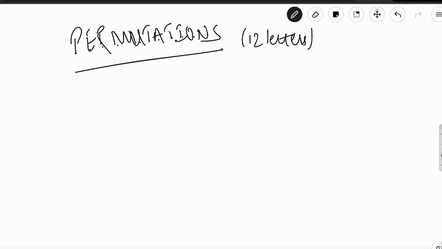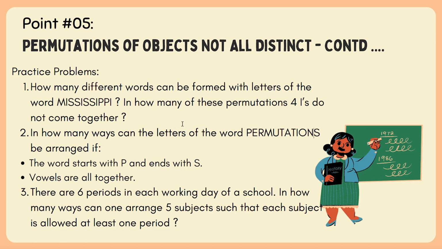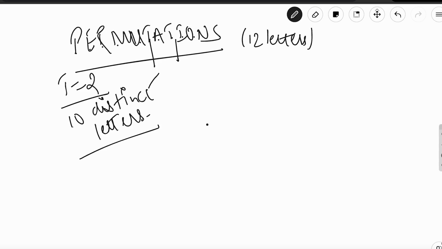Do we have any repetition? Yes, there are 2 T's and 10 distinct letters. In how many ways can the letters of the word be arranged if the word starts with P and ends with S?